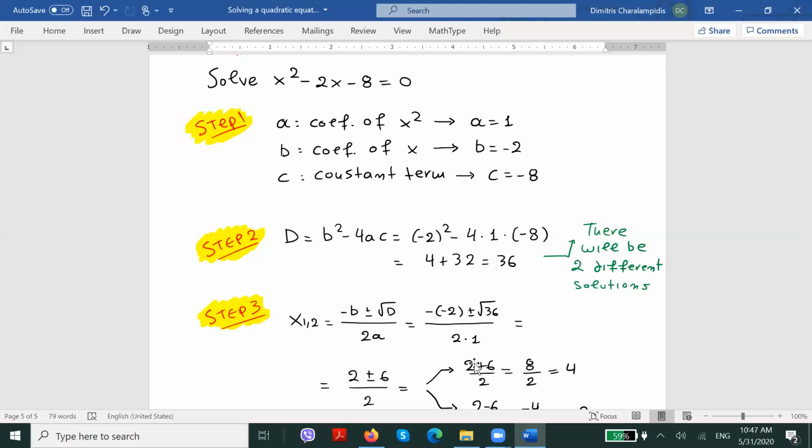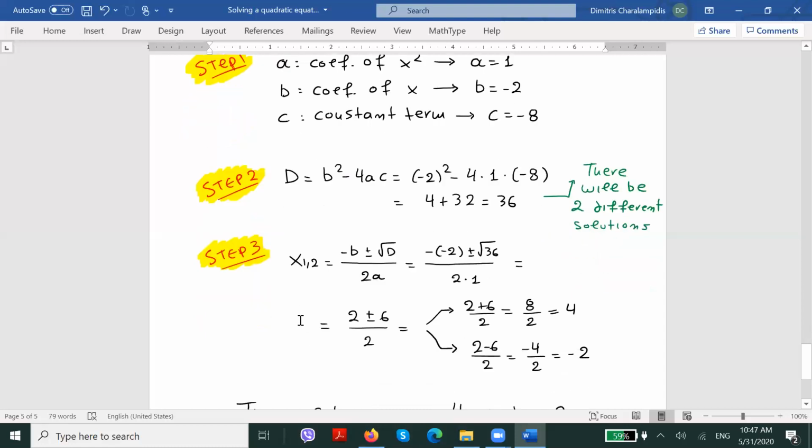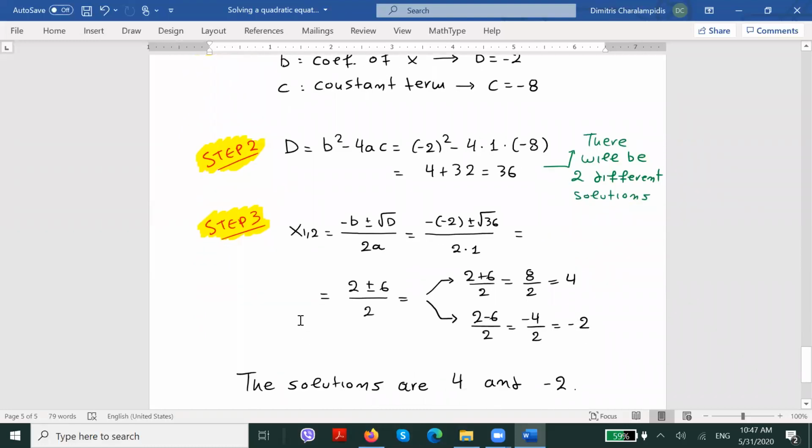And finally, x1,2 is equal to negative b plus minus square root of d over 2a, which equals negative negative 2 plus minus square root of 36 over 2 times 1, which is equal to 2 plus minus 6 over 2, and now we split it. 2 plus 6 over 2 equals 8 over 2 equals 4, or 2 minus 6 over 2 equals negative 4 over 2 equals negative 2.